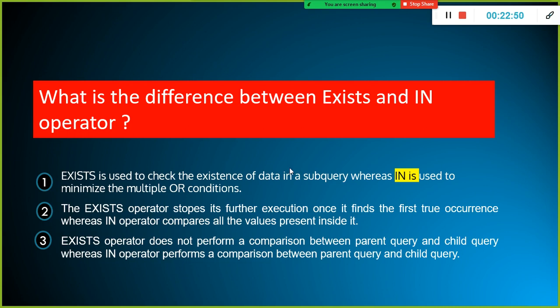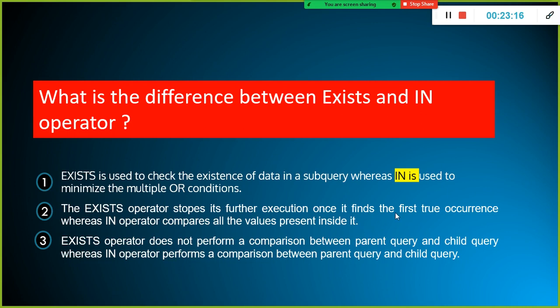So what is the difference between exist and in operator? As I told you, exist is used to check the existence of the data in a subquery, whereas in is used to minimize the multiple OR conditions. In simple terms, if you want to use multiple OR conditions in the where clause, you can use in, and exist is to check the existence of the data in a subquery.